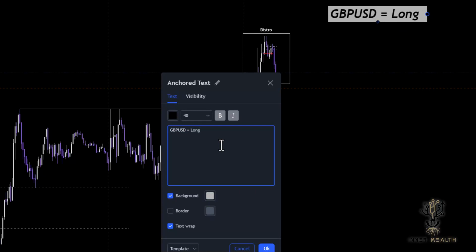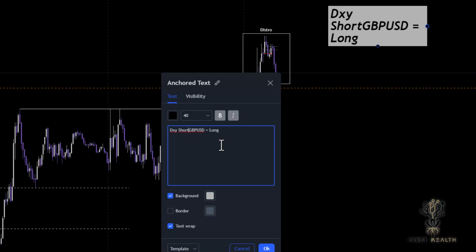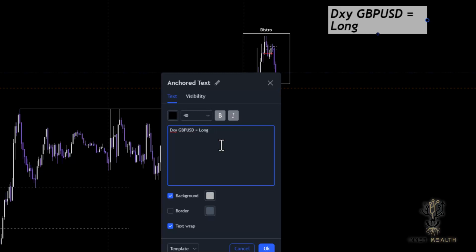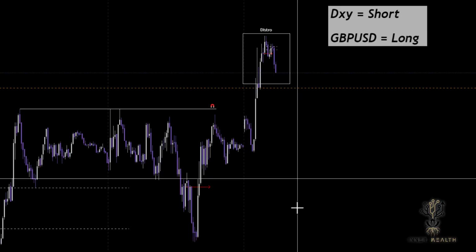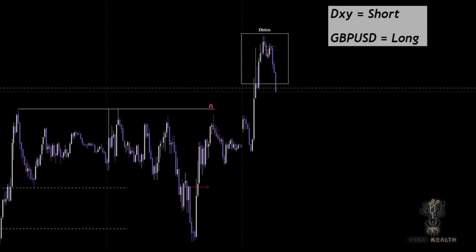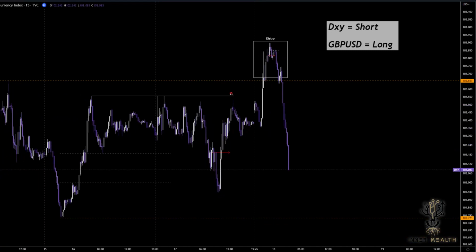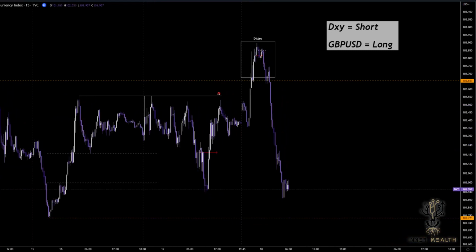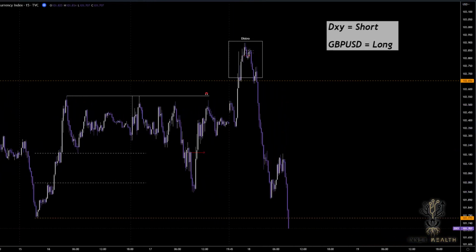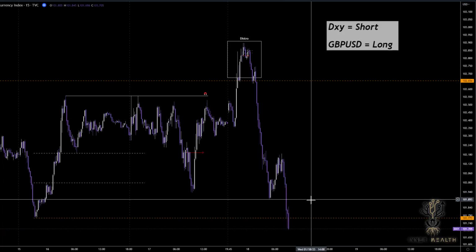Because again, if the DXY is going short, you want to see GBP USD go long. And you can see here we got a huge meltdown to that previous daily low.